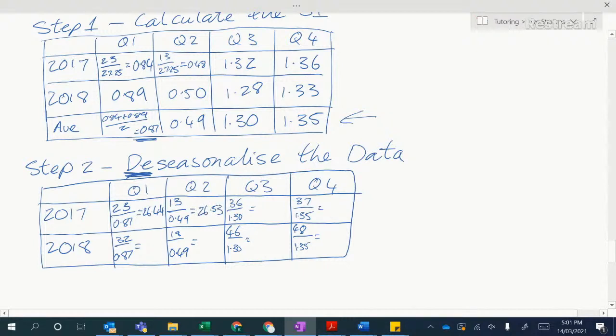Okay, I'm going to give you another 2 minutes. If you haven't finished, complete that table, please.